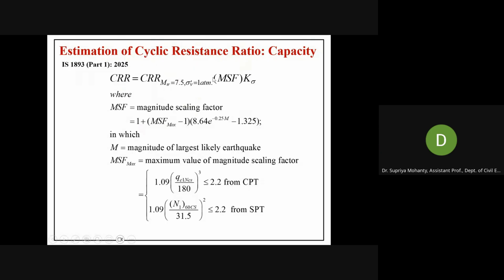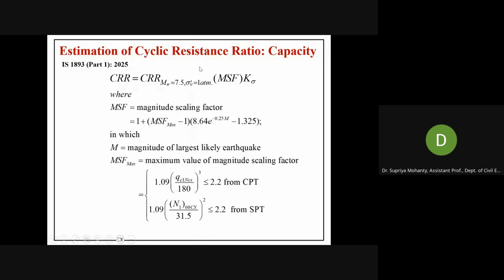If you have a different zone like zone 6, where you are expecting an earthquake of magnitude 8, then you need to multiply by MSF, the magnitude scaling correction factor, and K sigma is the high overburden pressure correction factor.